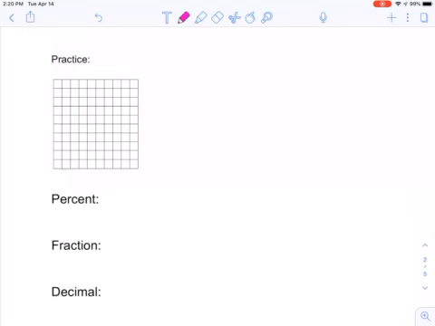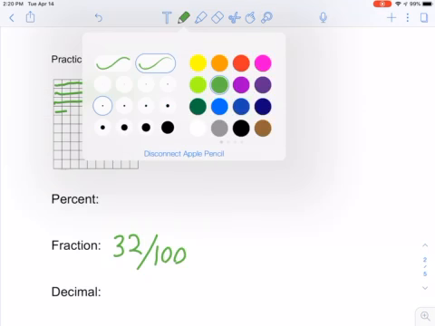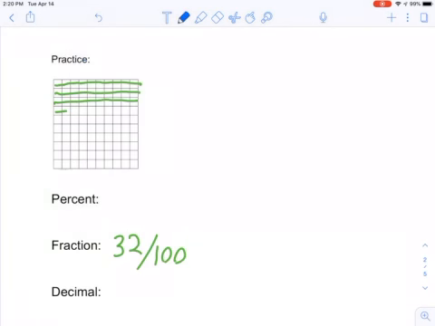Okay, we're going to do a few practice ones just to make sure that you completely understand what you're doing. On this particular question, I was able to get 32 correct out of 100. So what does that leave for our percent?